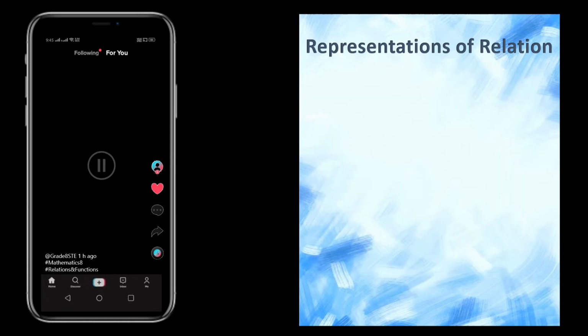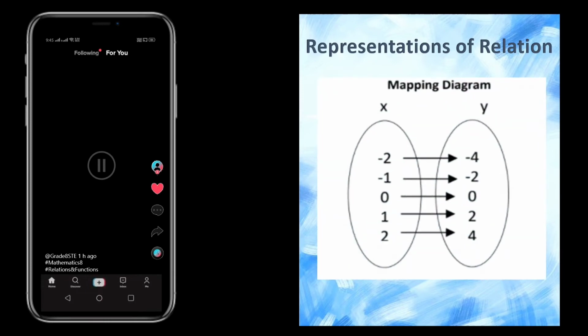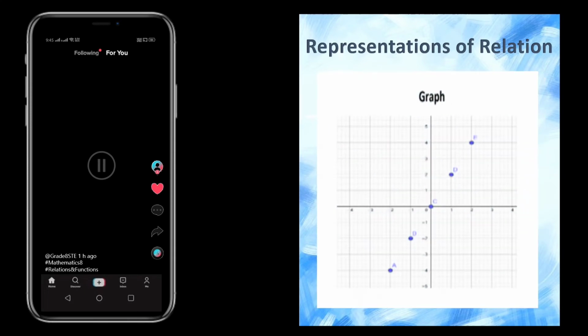Number 2, we have a mapping diagram. Here, we can make use of shapes, different shapes, and arrows to show relation among our x's and y's. Third, we have a graph. Since ordered pairs can be plotted as points, then a relation can also be graphed.